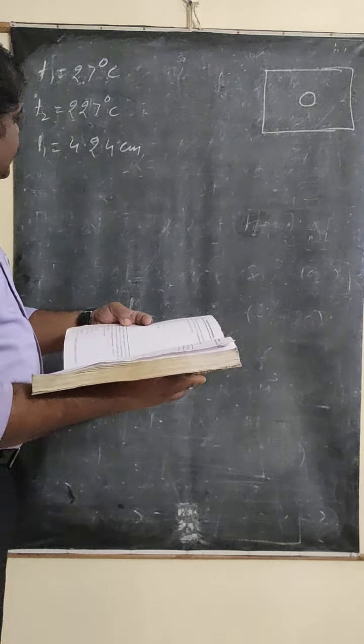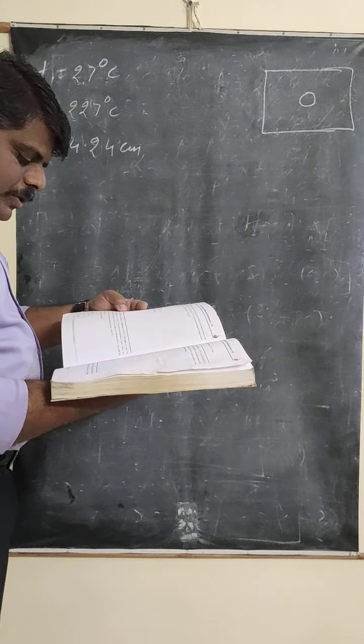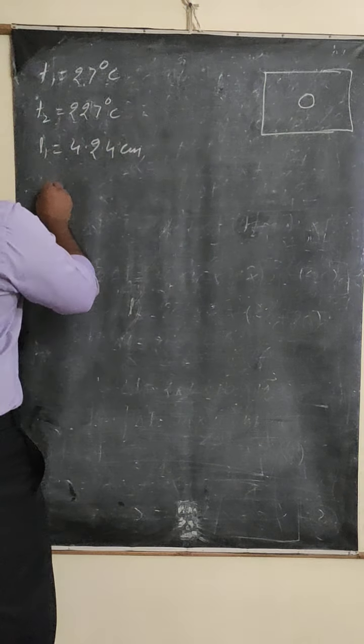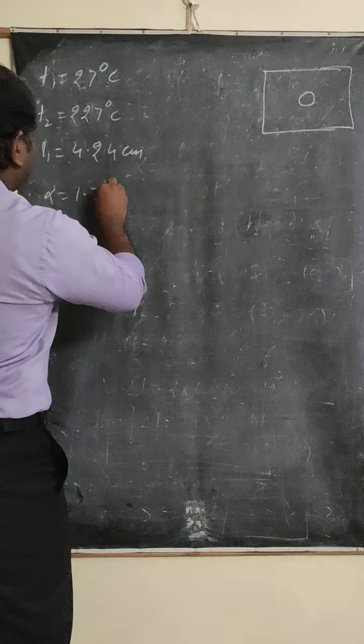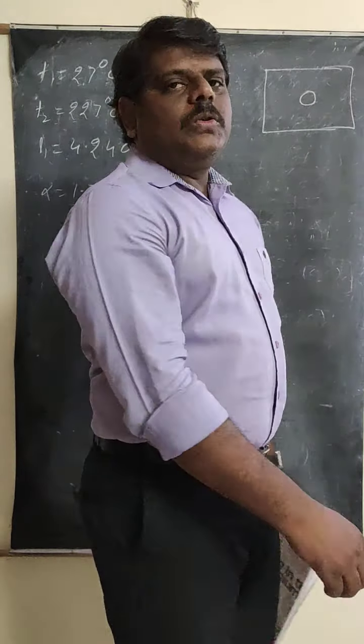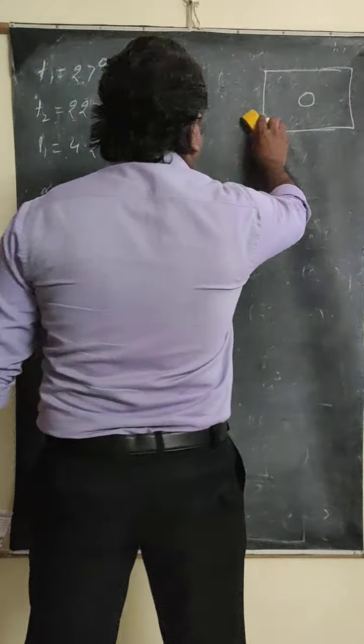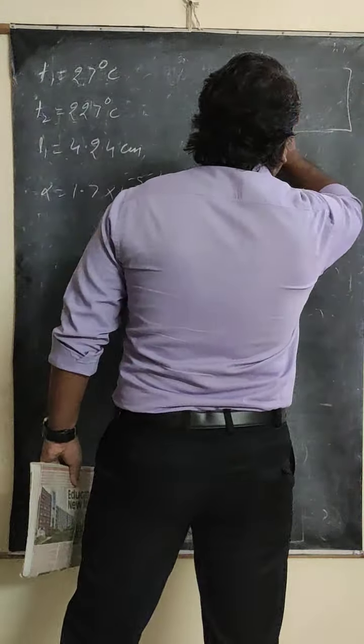And alpha is equal to 1.7 into 10 to the power of minus 5 per degree Celsius. So these are the values given to us. The temperature increases to 227 degrees Celsius. How much expansion will there be, that we have to find out. That means we need to find L2 minus L1, the change in diameter.